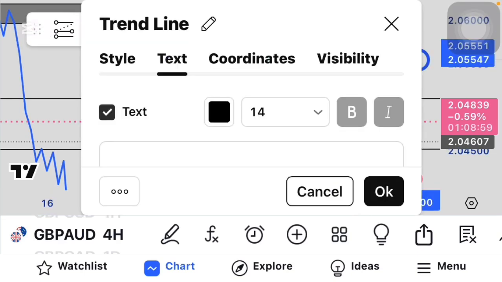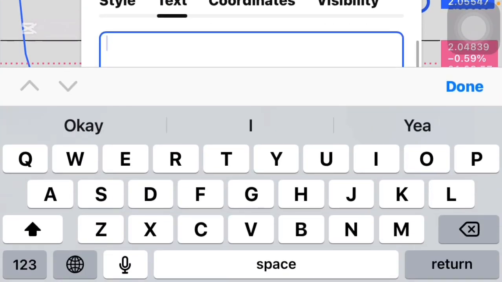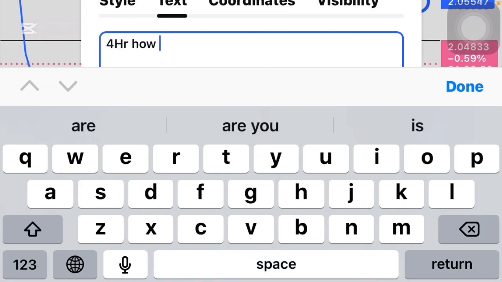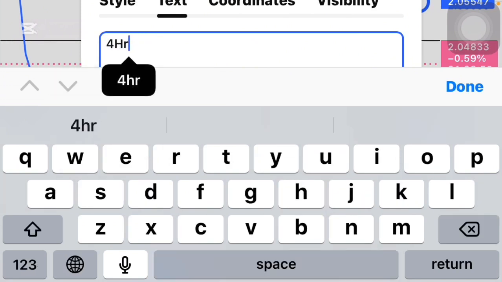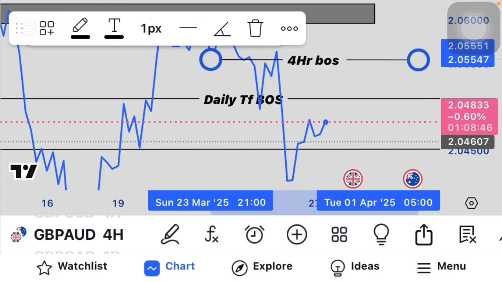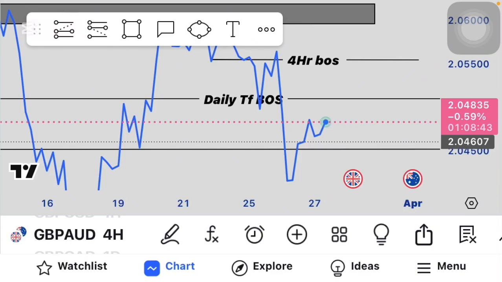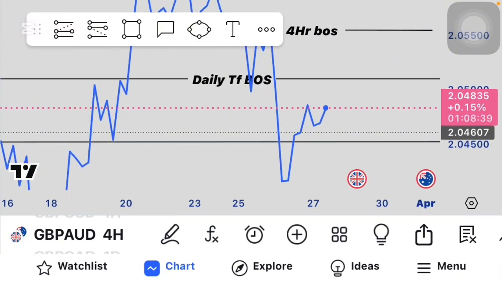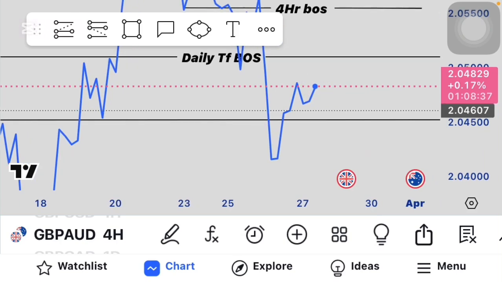So this is the 4-hour break of structure. So that's the 4-hour break of structure, and here we can see that the price is currently sitting here.